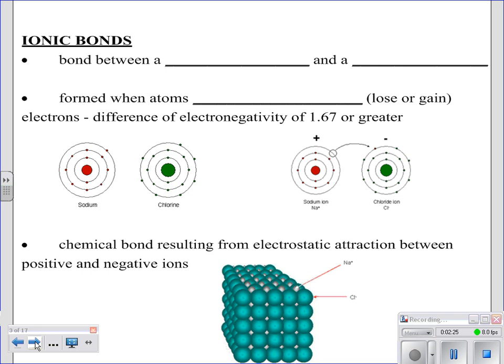Okay, so our first example is ionic bonds, and we just mentioned that this is going to be a bond between a metal and a nonmetal. And this is formed when atoms, what are those atoms doing with electrons?